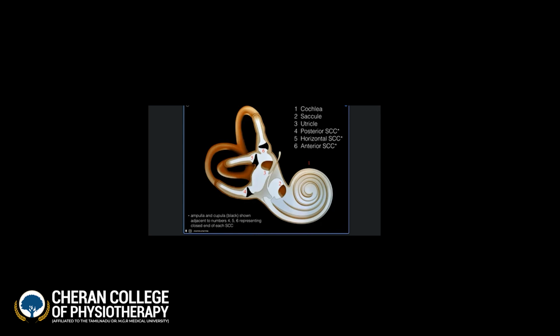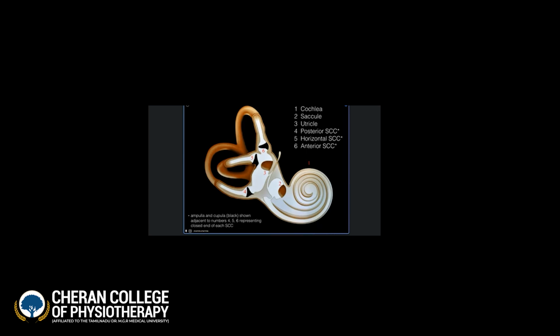The cochlea is mainly for hearing, but the saccules and utricles are more important for the vestibular. So what is inside all these canals? In these canals you have a fluid, and inside the fluid you have crystals. Those crystals provide the sensory stimulus to the brain so that I am balancing properly.